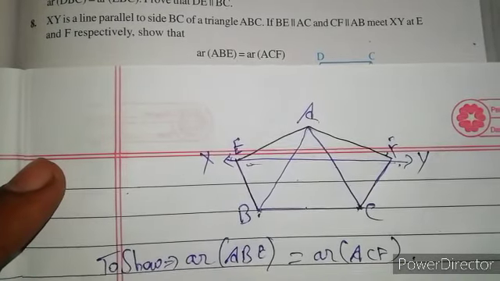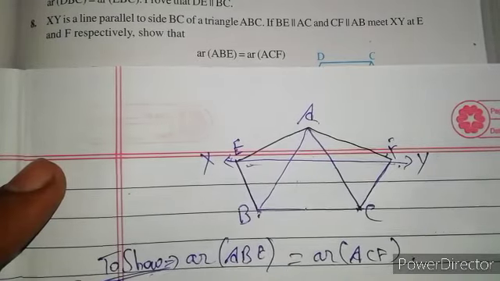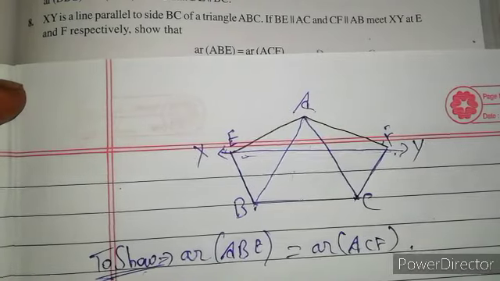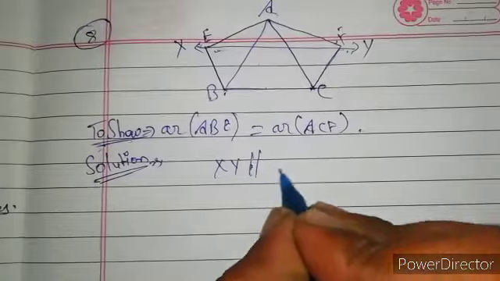So let us do the solution of this question. For that we need to take two triangles. So look, we are given that XY is parallel to BC.